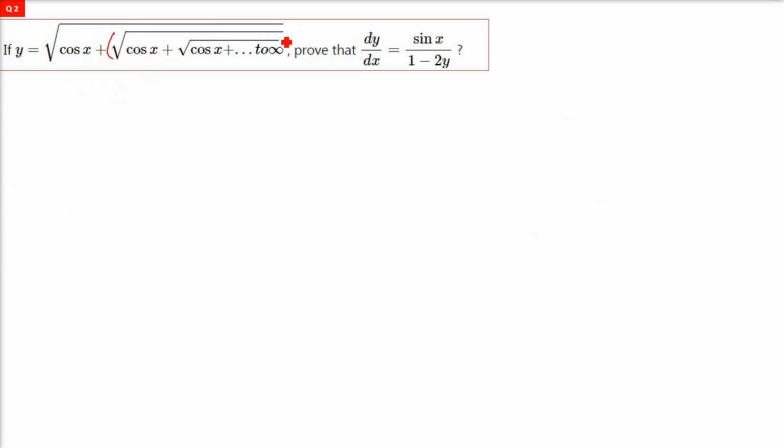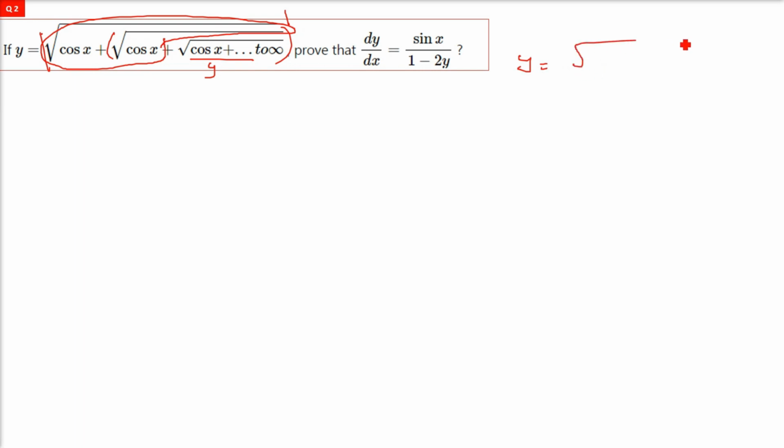Similarly here also, this whole portion can be regarded as y only, the way I explained in the previous question. If you remove this part which I just marked, the rest part is y. Again you can remove this part, the rest will be y. So anytime you can write y, because this is just repeating, never ending.